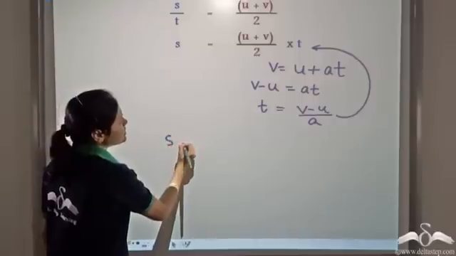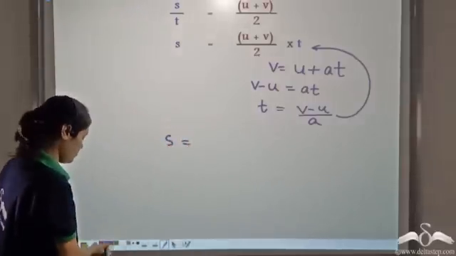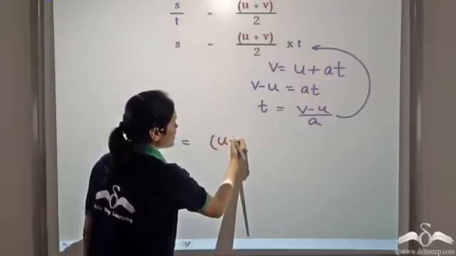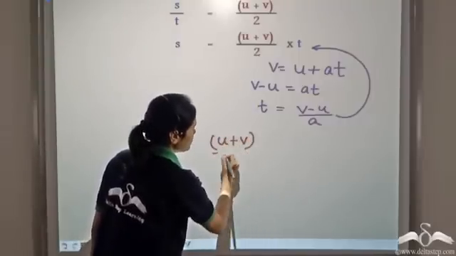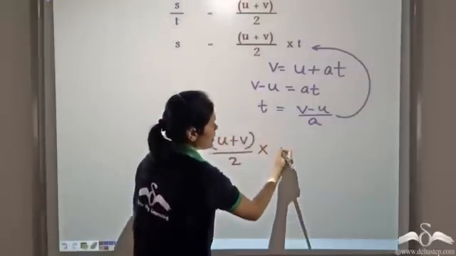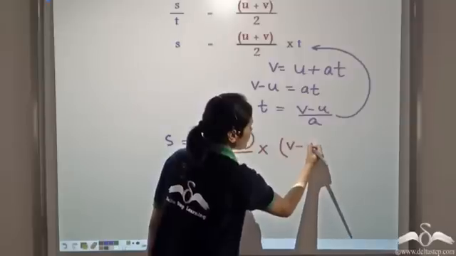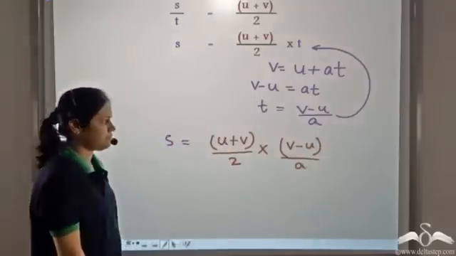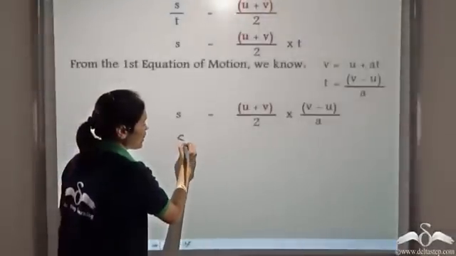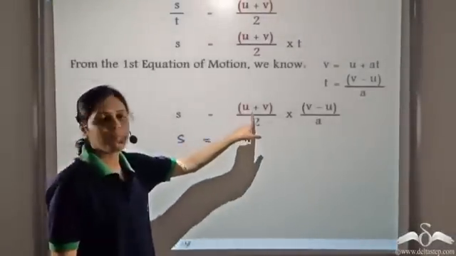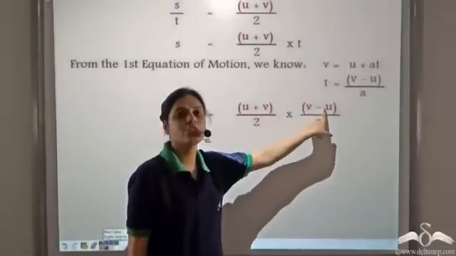We get s is equal to (u plus v) by 2 into, for t, we write (v minus u) by a. So, we have s is equal to (u plus v) into (v minus u).